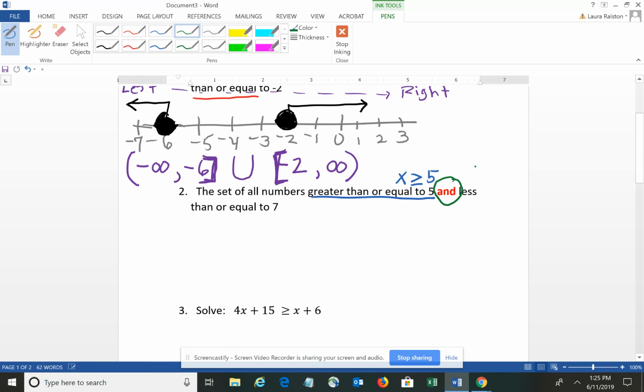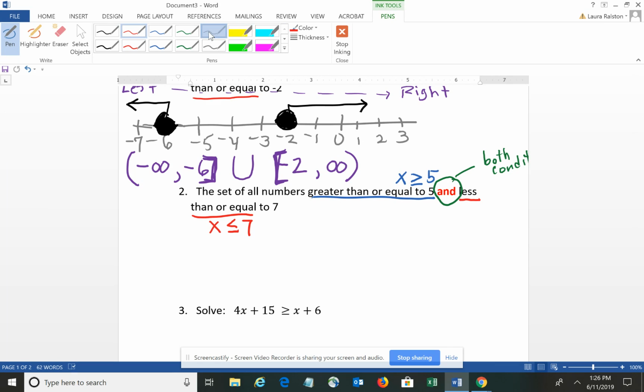When you have the and, that means you have to meet both conditions given here. So in this case, I would have to meet the condition that it's greater than or equal to 5, and at the same time, simultaneously, it has to be less than or equal to 7. Less than points to the left, or equal to 7. So this is an and.